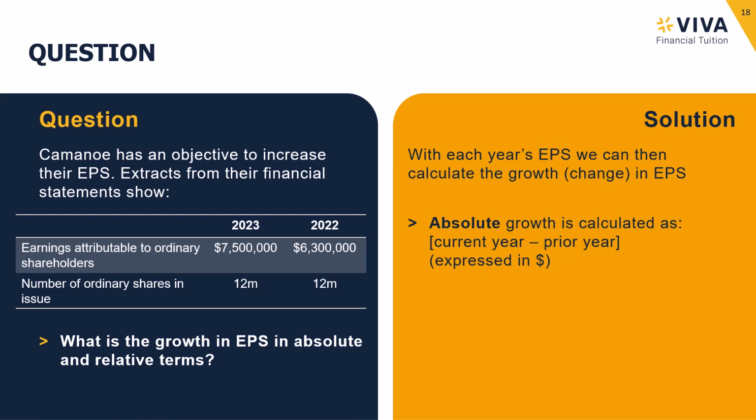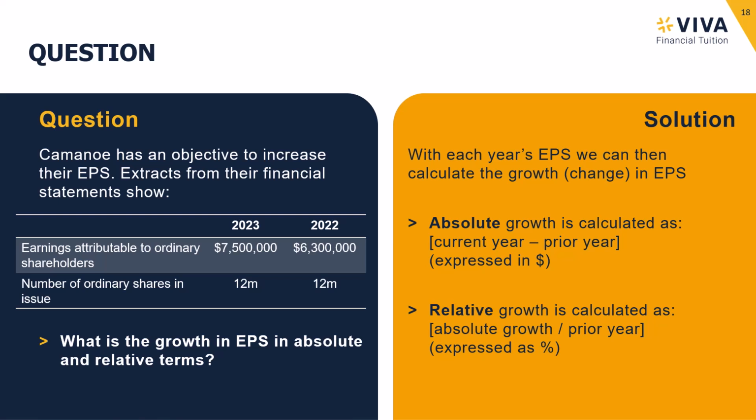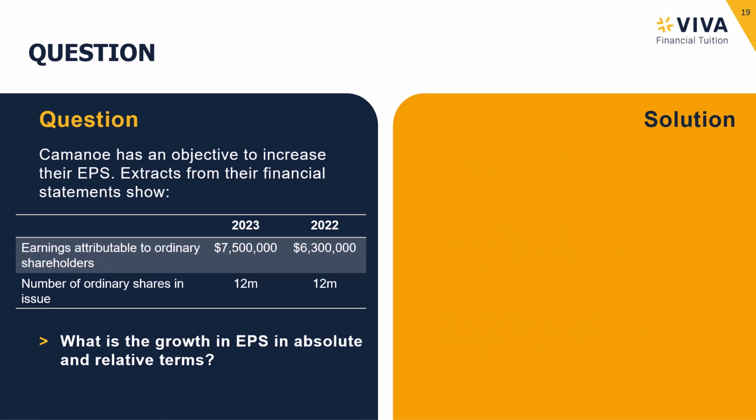Absolute growth is calculated by taking the current year minus the prior year and it's expressed in dollars. Relative growth, on the other hand, is calculated by taking the absolute growth divided by the prior year and this is expressed as a percentage.